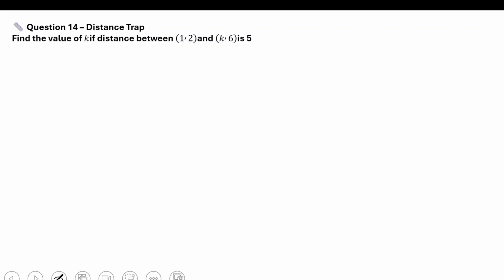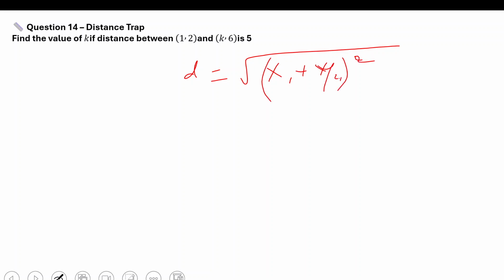It says find the value of k if the distance between 1 and 2, and k and 6 is 5. So again, we are to look for the formula that satisfies distance. The distance formula is d equals the square root of (x1 minus x2) all squared plus (y1 minus y2) all squared.